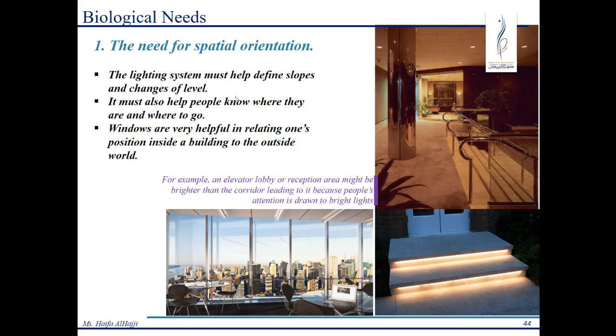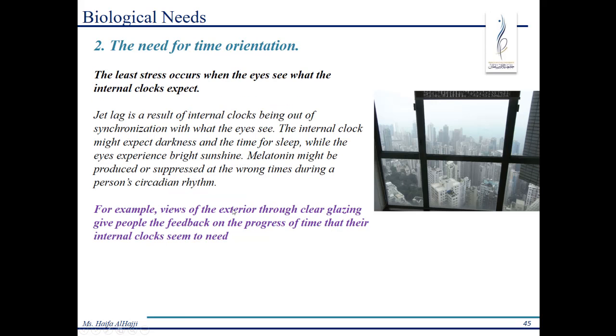Then all of a sudden you went out and it's all dark. So somehow you'll feel that you are disconnected from the world. So we need to orient the people to the outside world and show them their position to the outside, the level they are at, at what time they are. All this is needed for their biological needs.